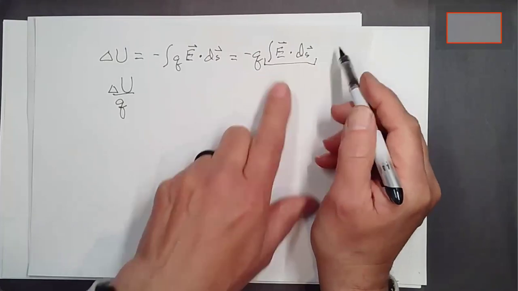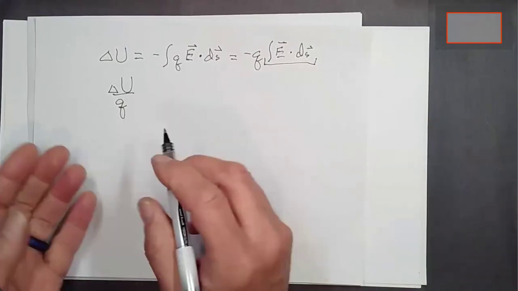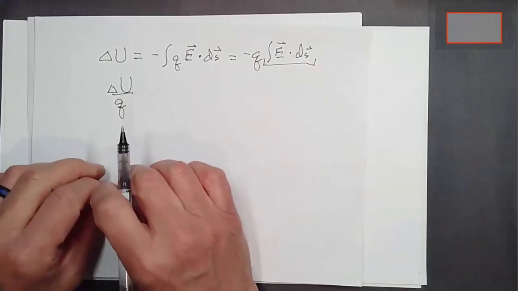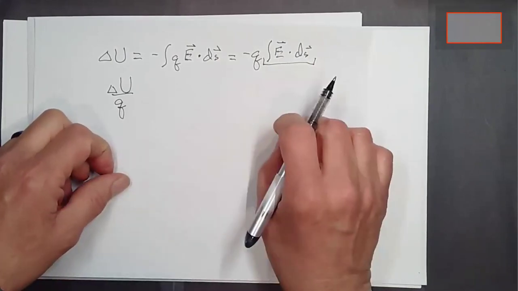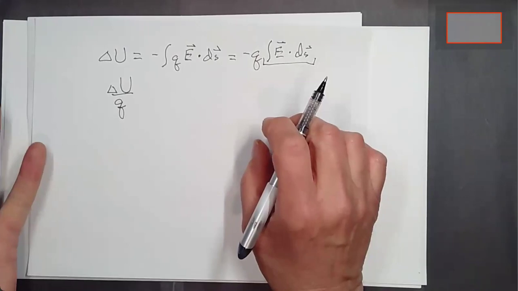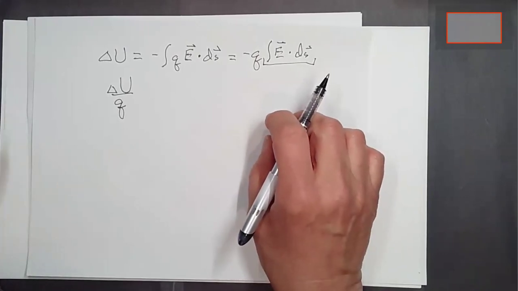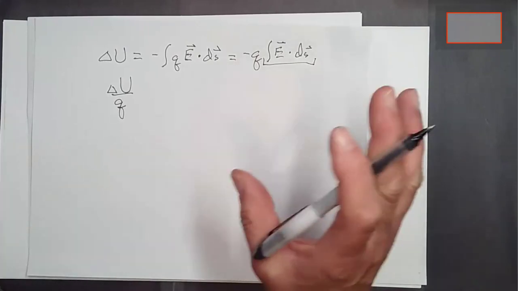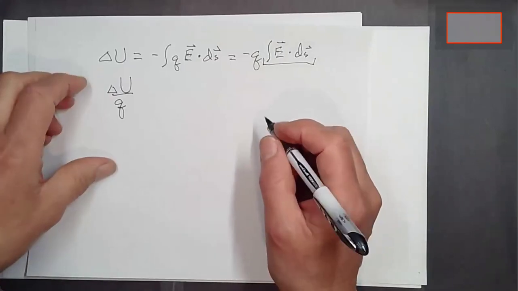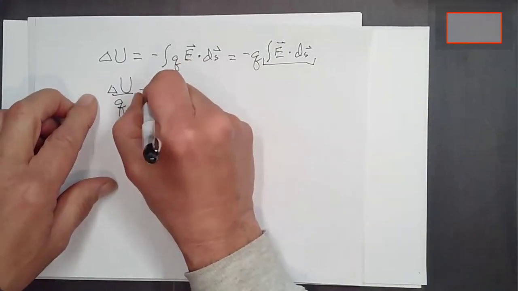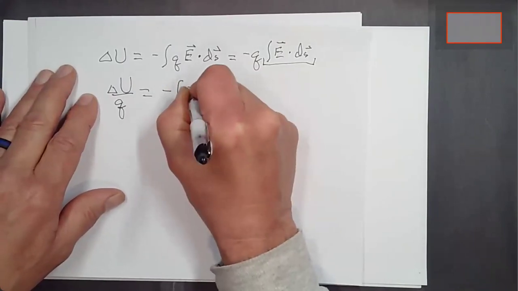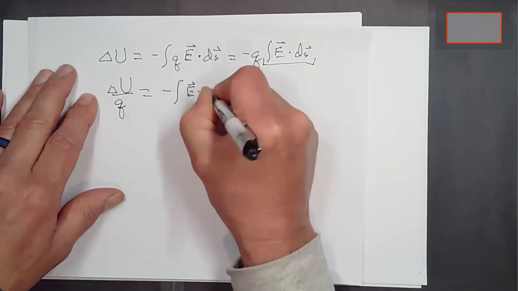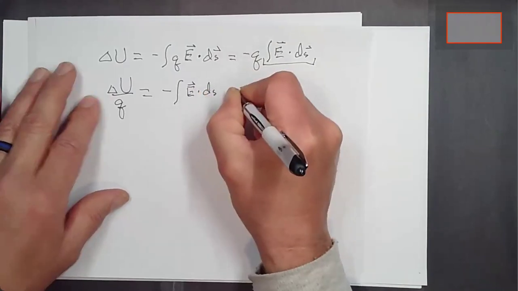per unit charge, and we could think of, maybe we'll let that force act on a proton. Maybe we'll let it act on an electron. Maybe we'll let it act on an alpha particle or something like that. Could be any different kind of charged particle. And so what this will equal is the negative of the integral of E dot ds.